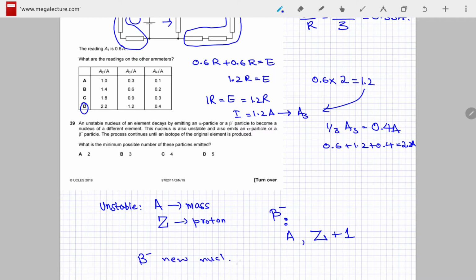It would also result in the same mass number, but the atomic number would increase by 2, because it was already increased by 1 from here, and so it increases by 1 more, so that's 2.